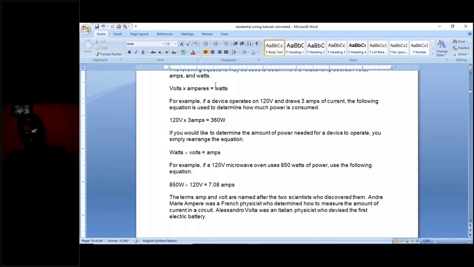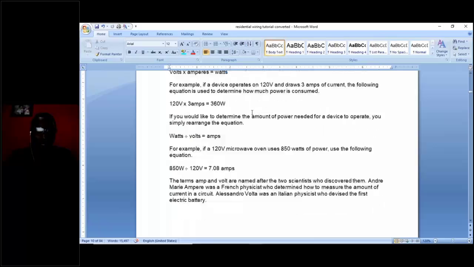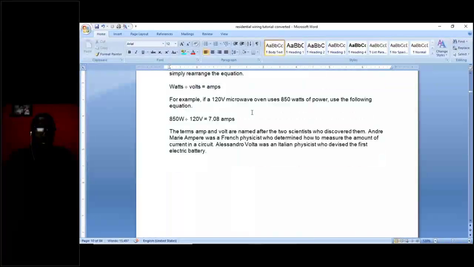If you now want to get your current, just divide both sides by V, and you get your current rating. So, for example, if a 120 volt microwave uses 850 watts of power, we can use the equation to get our current. That means you just divide your power by your voltage.